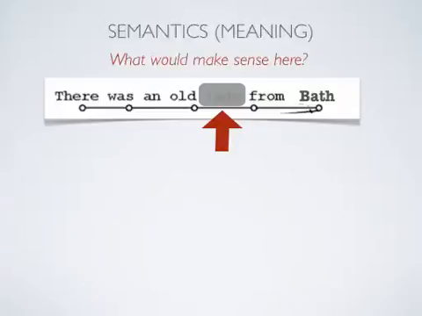Using the semantic cueing system relies on understanding what is happening in the text, or at least on meaning at the sentence level. So while the words habit, city, and corner are syntactically correct, they create some sentences that don't really make sense. For example, saying there was an old city from Bath doesn't really make sense because Bath is a city.